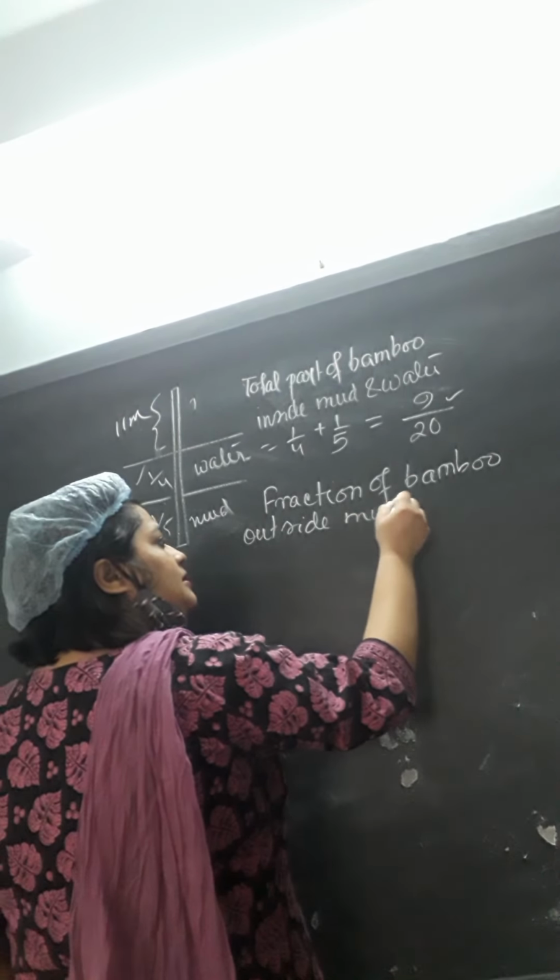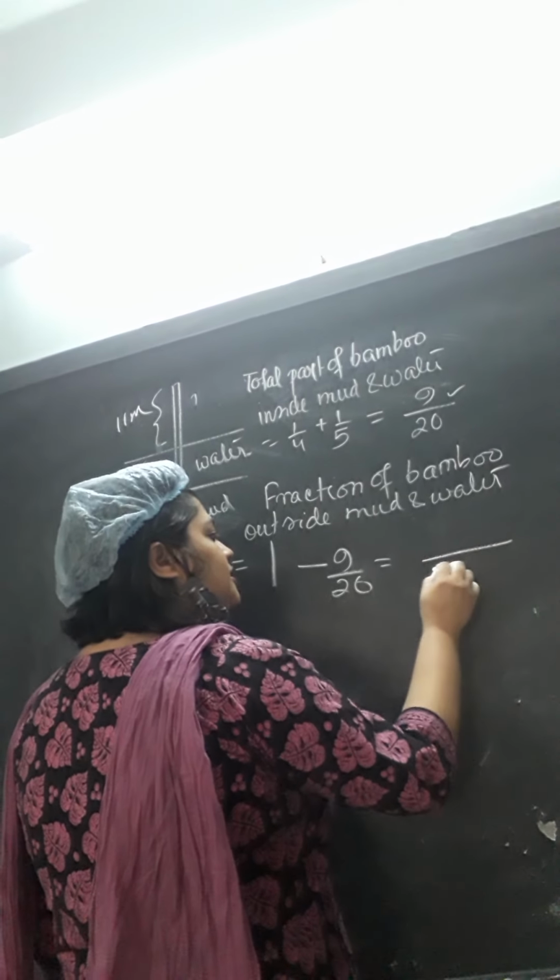Equal to 1. The total of fraction is always 1. We are talking about only one bamboo stick. Minus, what is the total fraction of stick inside mud and water? That is 9/20. So if I subtract 1 minus 9/20, that is equal to how much?